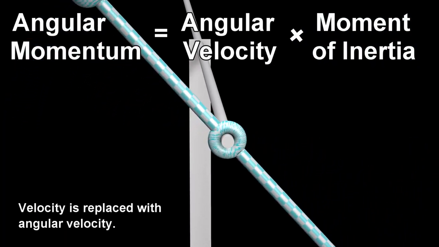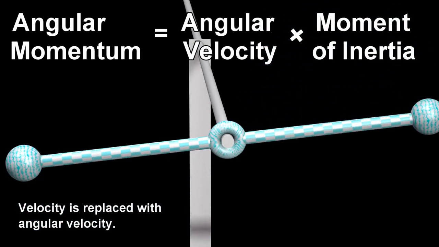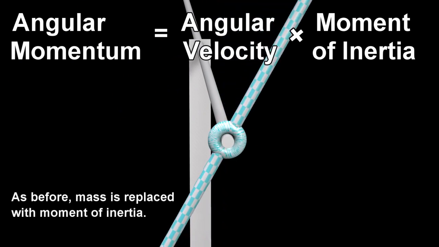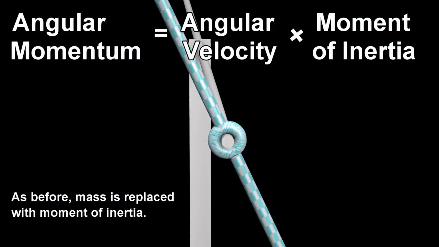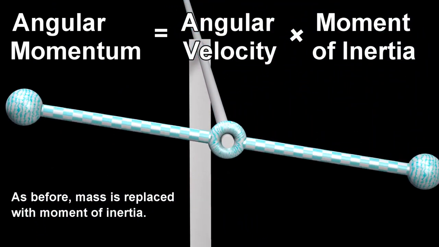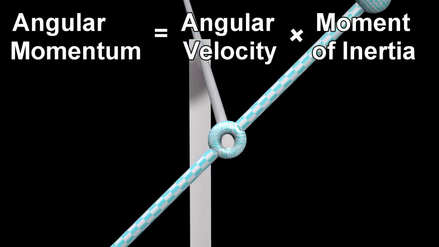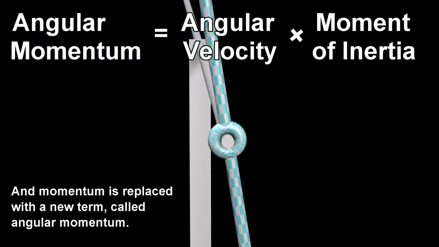Velocity is replaced with angular velocity. As before, mass is replaced with moment of inertia. And momentum is replaced with a new term called angular momentum.